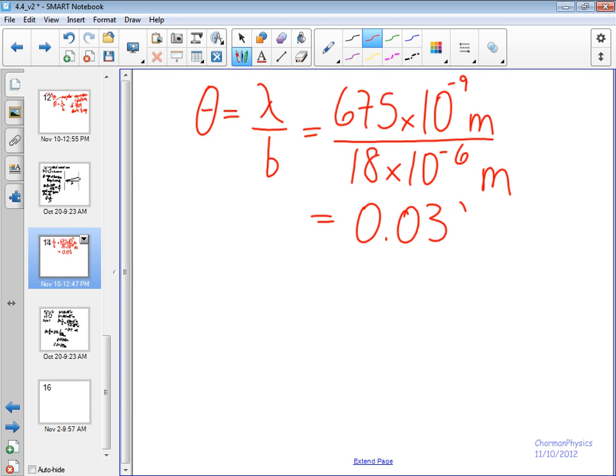What we end up with is 0.038 radians, using sig figs there. If you want, you can figure out that this is about 2.1 degrees, so you get an idea of how big that angle is. It's a pretty small angle. So that's it for the derivation of the single slit formula for diffraction.